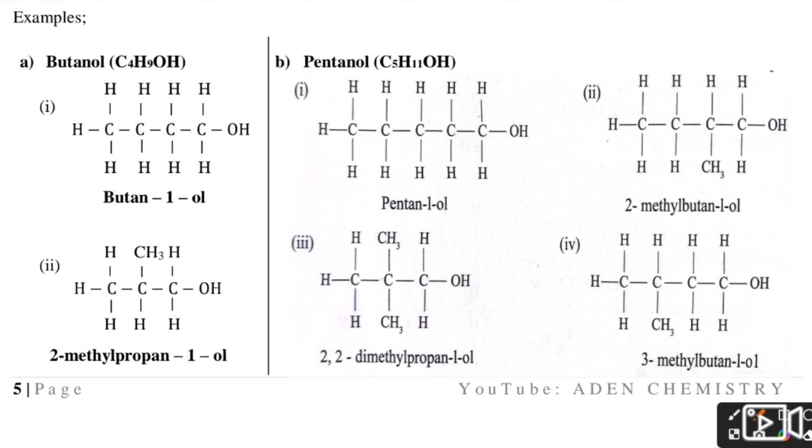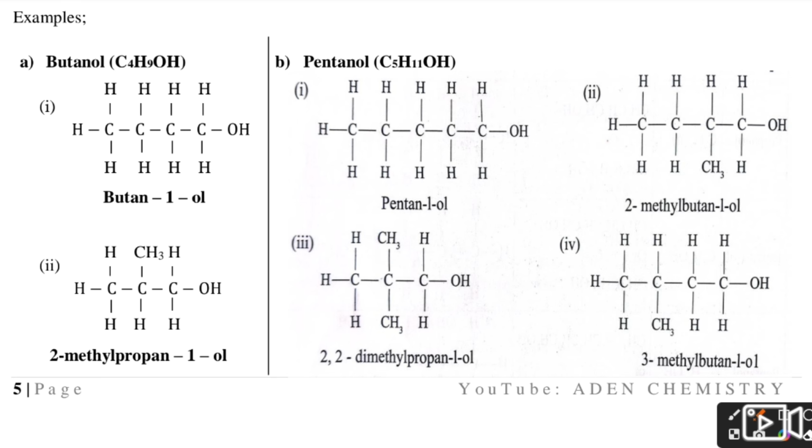So instead, what we are supposed to do is that we remove one carbon from this structure so that we are going to remain with 3 carbon, 1, 2, 3. So the functional group will be still placed in carbon number 1. So we're going to have propan-1-ol. So for us to make it 5 carbon, we are remaining with 2 carbon. So we're going to put one methyl group here, another methyl group there.